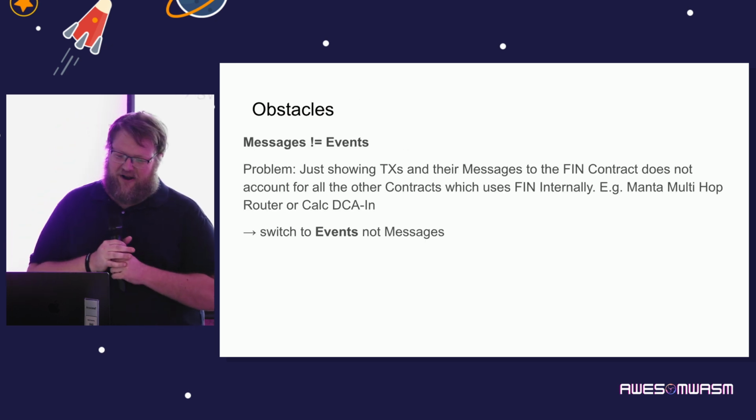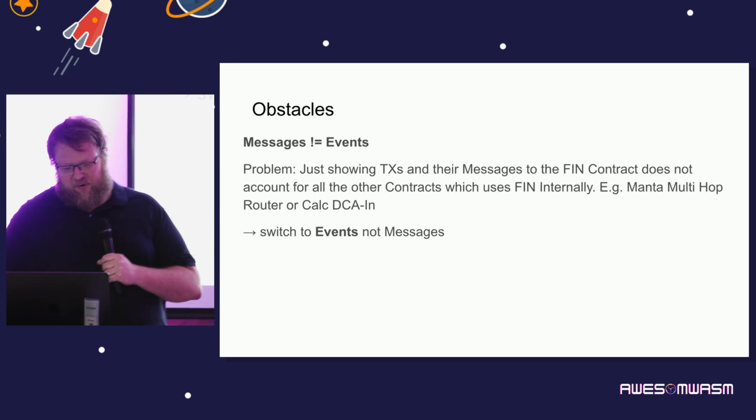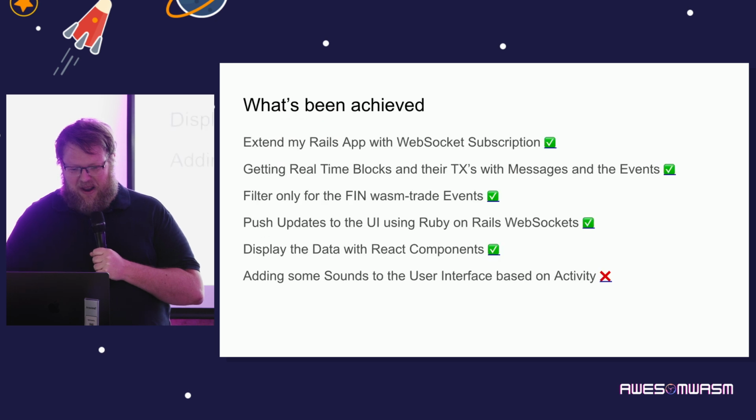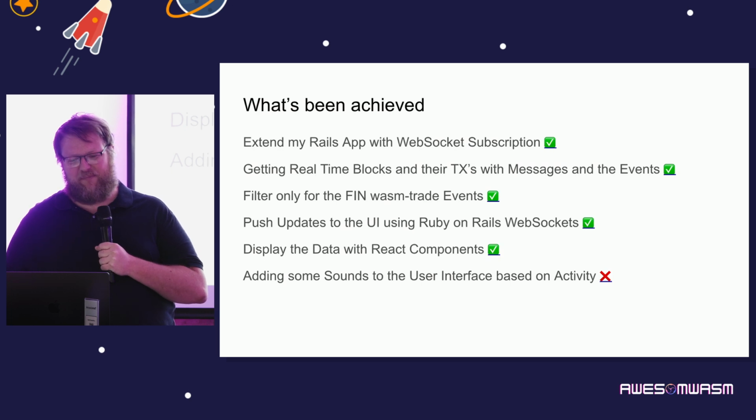So then a few obstacles were these events. There's a lot of stuff going on, especially on the event layer. In the end, it was achieved that the Ruby on Rails app basically subscribes to a WebSocket for the new events. Then I filter only the ones that are from Fin.